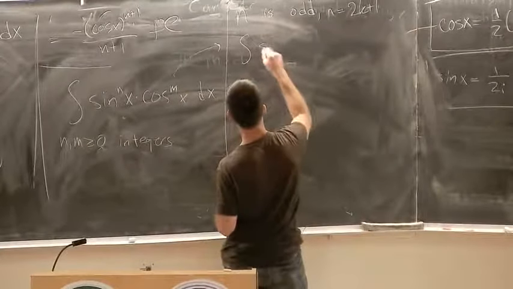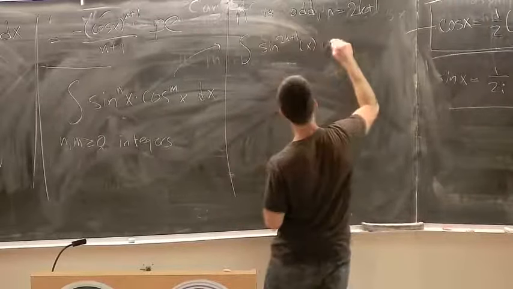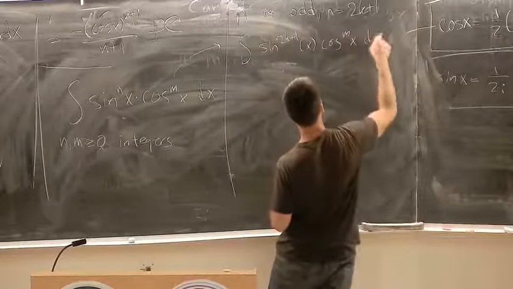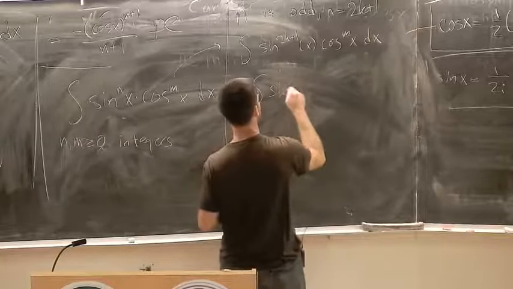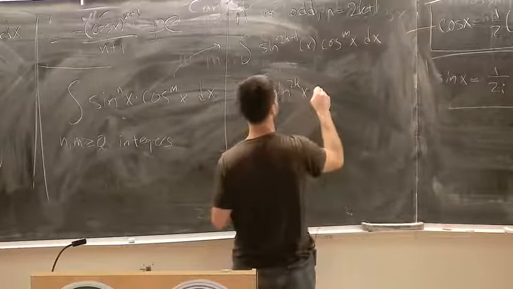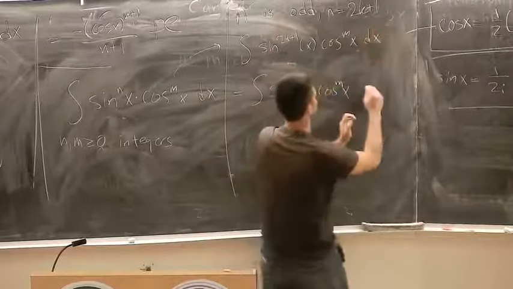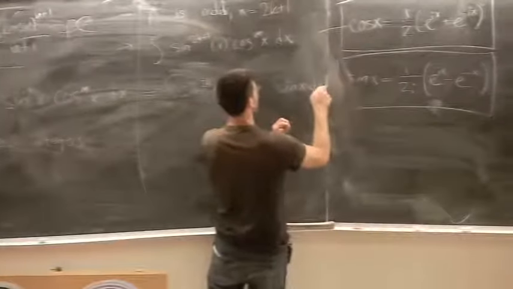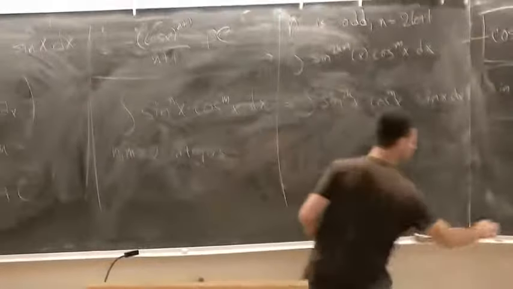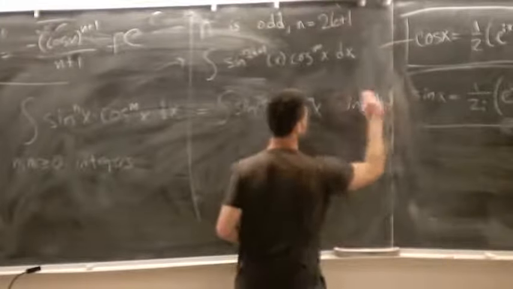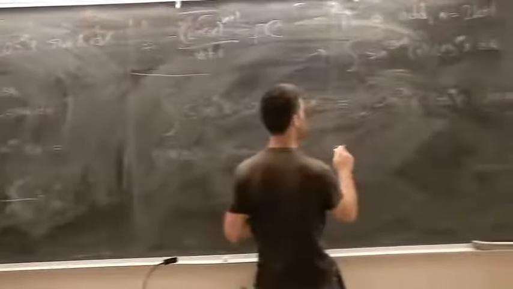So this thing is equal to sine 2k plus 1 of x cosine to the m of x dx. So I'm going to write this as sine 2k x cos to the m x. I'm going to put one sine off at the end, which maybe you can, if you've gotten the picture, you see this is going to end up being a du after a u substitution.